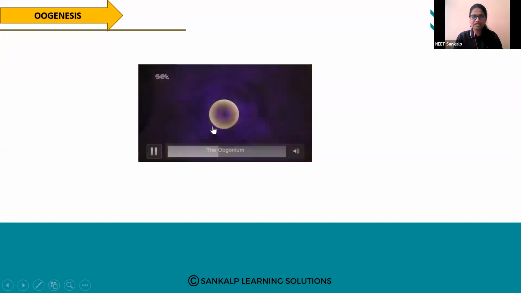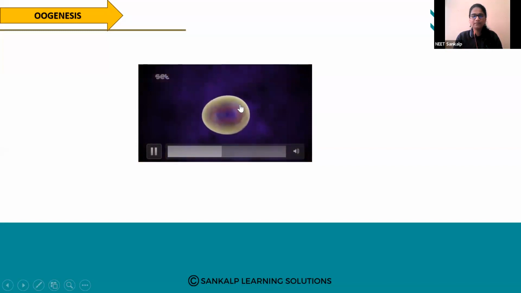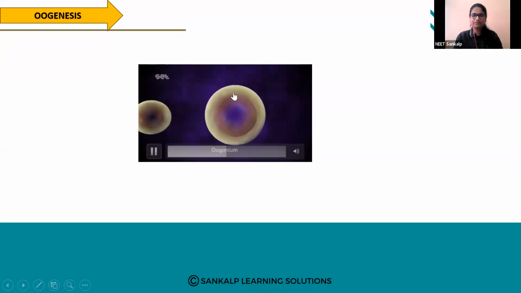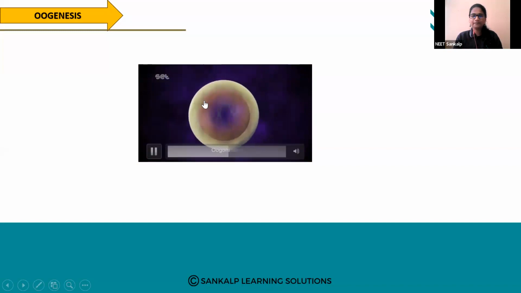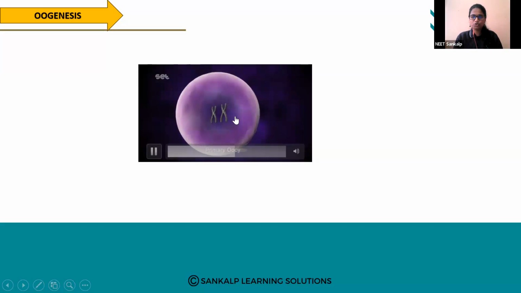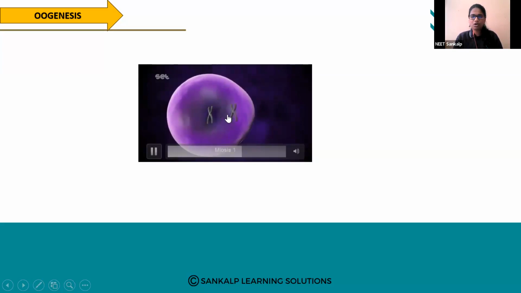See, the oogonium, right? This oogonium will undergo mitotic division first. From the mitotic division, the oogonium grows. Here you can see the growth, the enlargement of a cell. The chromosomes you are seeing here, this is a primary oocyte which is diploid in condition. So meiosis 1 occurs, which is called reduction division.